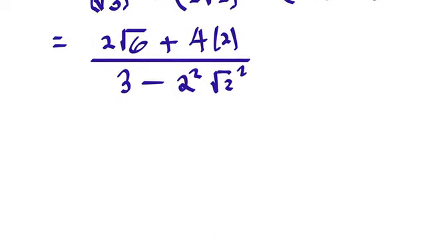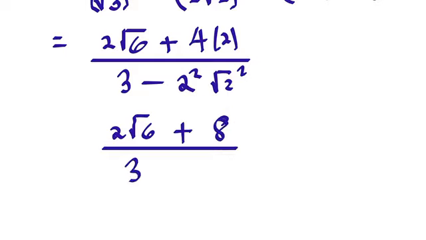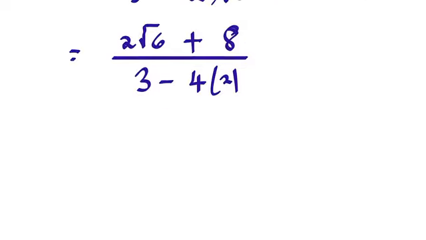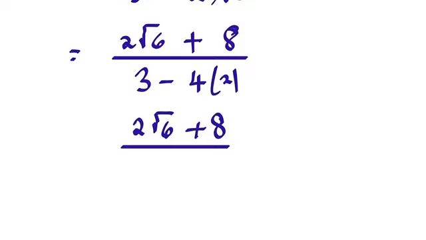So we're going to have 2 root 6, then plus 4 times 2 is 8, divided by 3 minus 4, okay, then this we cancel, we have 2. So we're going to have 2 root 6 plus 8, then divided by 3 minus 8.